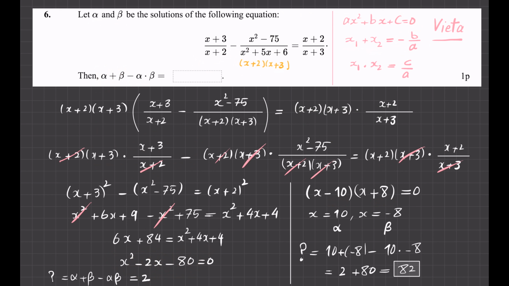Okay? And then minus c over a for the product. Alpha beta is the product, so it becomes minus 80 over 1, so it becomes plus 80. So you can immediately get 82 again.